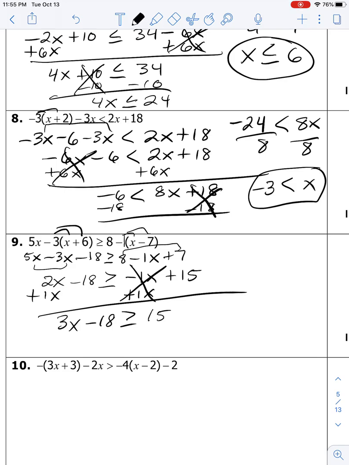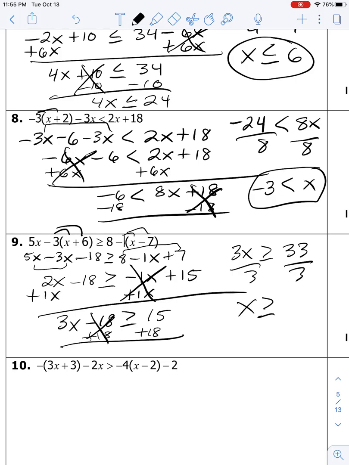So now we need to get rid of the 18. We need to add it over. So I'm just going to go ahead and copy my 3x right here. And then my greater than or equal to sign. And then 15 plus 18 is 33.